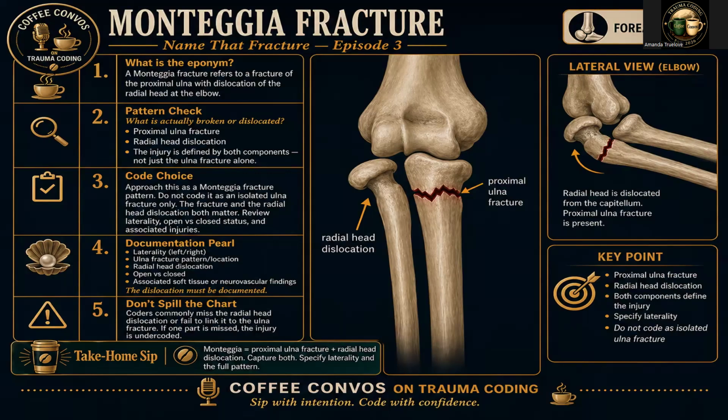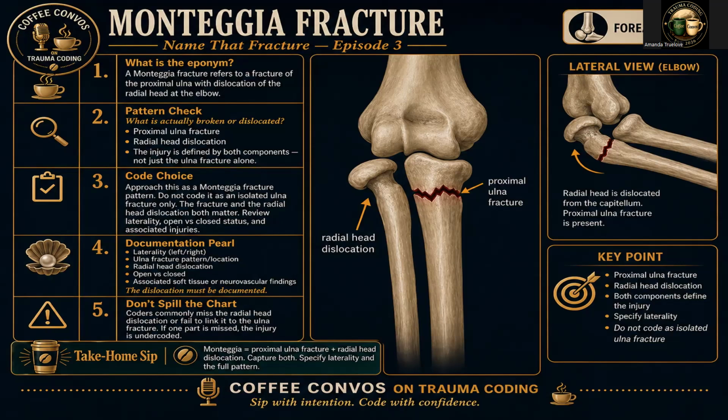Let's start with Monteggia. The Monteggia fracture is classically that ulna fracture with radial head dislocation. That is the defining pattern. It is not just an ulna fracture. It is not just an elbow injury. It is a combined injury pattern that involves both the forearm fracture and the elbow joint relationship.